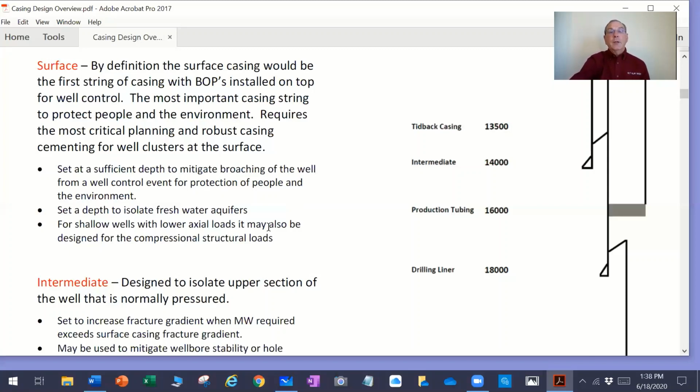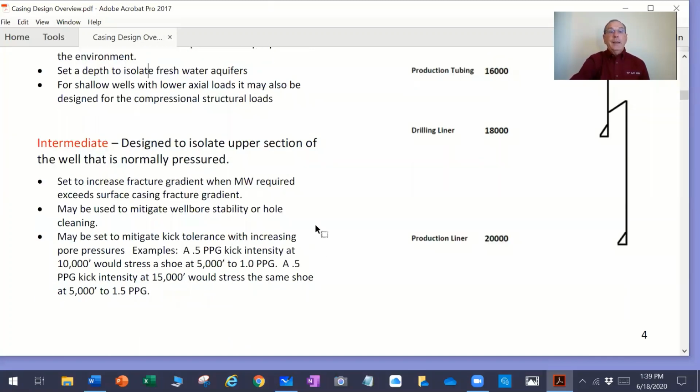So sometimes it gets to be a little bit confusing, but surface casing, the very first string of casing on a land well, may be at a very shallow depth, say 200 or 300 feet. And we actually put BOPs on top of that. So that string of casing could serve as the surface casing, since it has BOPs on it, and it also serves as the structural pipe. So it could serve, I call it, multiple functions.